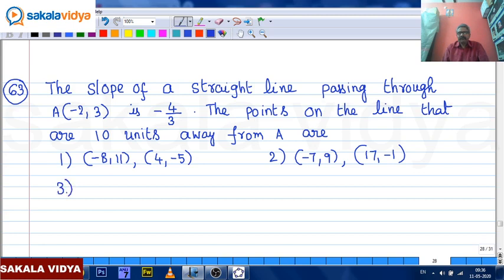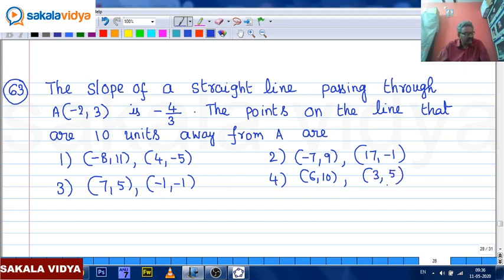Third option 7 comma 5, minus 1 comma minus 1. Fourth option 6 comma 5, 6 comma 10, 3 comma 5. So this is the question.